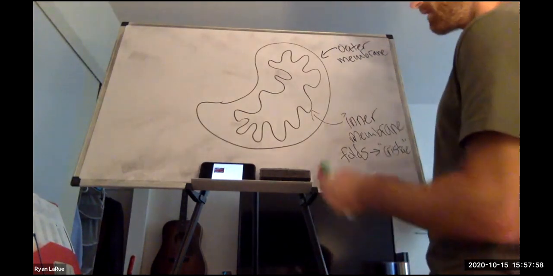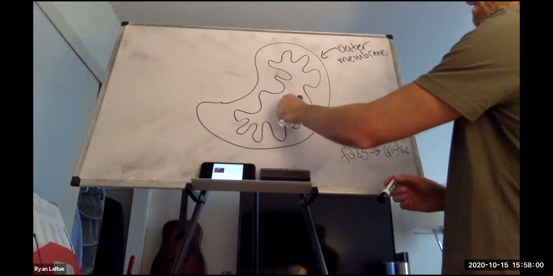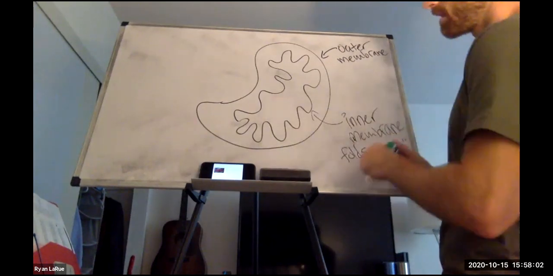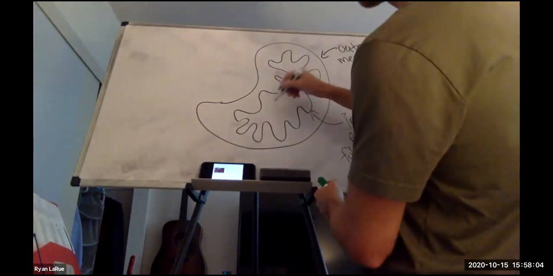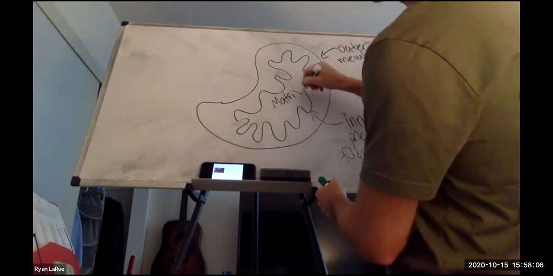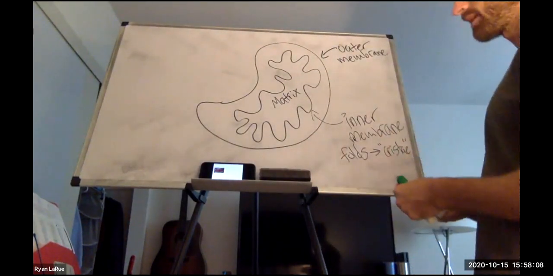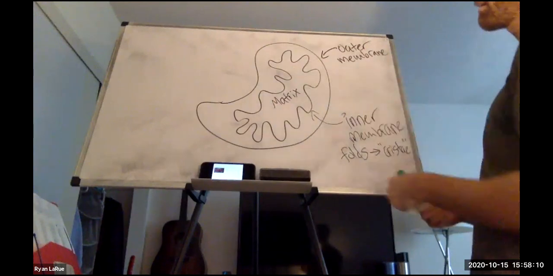The center of the mitochondria is called the matrix. So the area in the center is called the matrix.